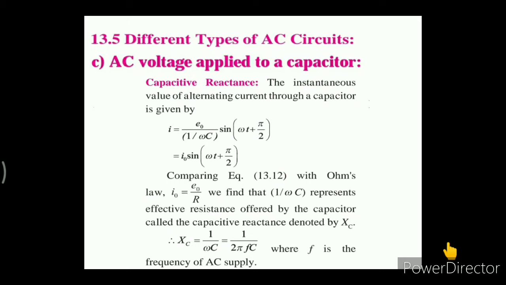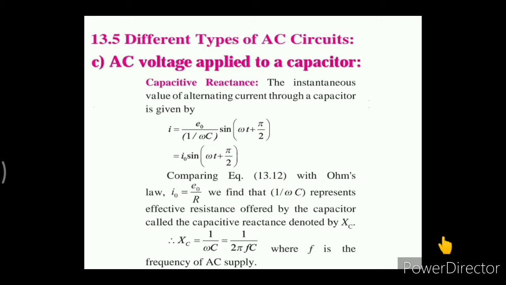As we come to know, the instantaneous value of the alternating current through a capacitor we are getting as I is equal to E0 upon 1 upon omega c into sine(omega t plus pi by 2). And here E0 upon 1 upon omega c is nothing but the peak value of the current I0, and hence I is equal to I0 sine(omega t plus pi by 2).